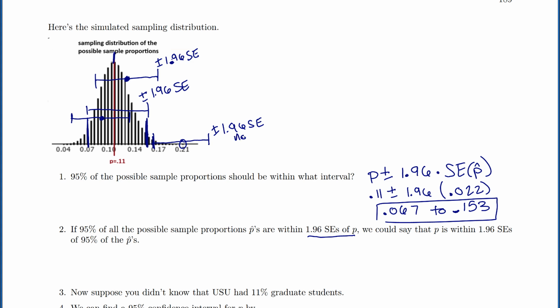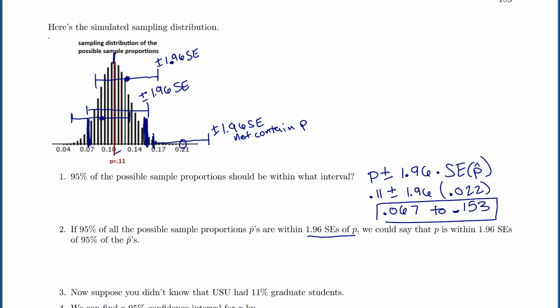Notice that does not contain my population proportion P. So the sample proportion I got was so far out in the tails that it is not actually within 1.96 standard errors of P. But for anything from here to here that was originally within that 1.96 standard errors, any sample proportion I get, if I add and subtract 1.96 standard errors, that interval will contain my population proportion. And that's true for anything in this interval, which is 95% of all the possible sample proportions.